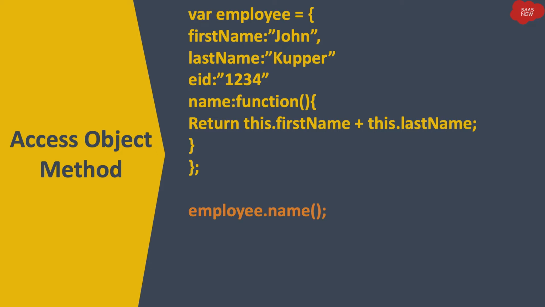In that case, I will be able to access the whole name, that means whatever that method will be returning. So in this case, it is returning John Cooper. And if you store this employee.name in any variable, or maybe print it directly, then it will directly print that particular name, John Cooper.